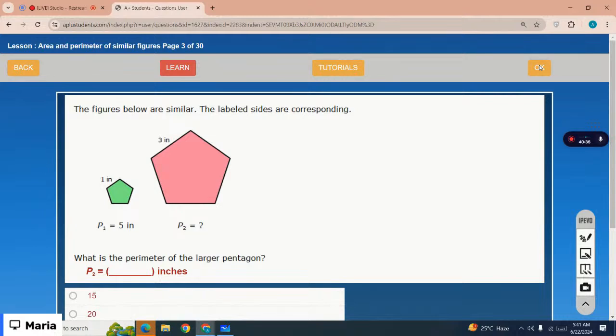Yes, the correct option is 15. The perimeter of the bigger one, the larger pentagon, is 15.